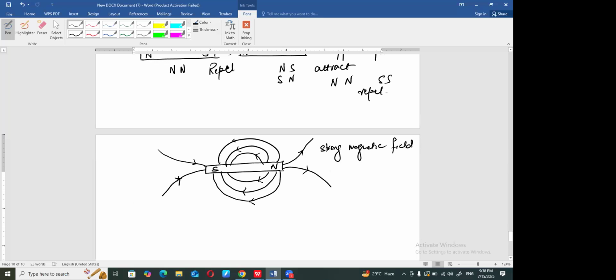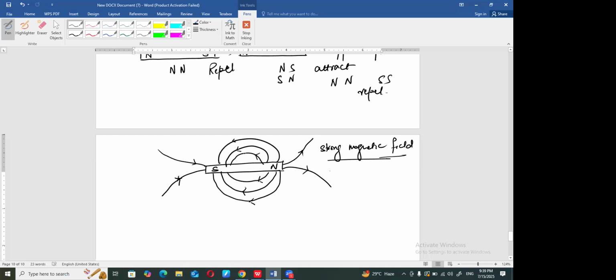in that area, right? If the concentration of magnetic lines is less, definitely it is a weak area, right? So if you bring any magnet or any magnetic material far away from this magnet, the magnetic line concentration will be lower and lower. And if you bring it closer and closer, that will be a strong magnetic field. How do you show it? With more magnetic lines, right?